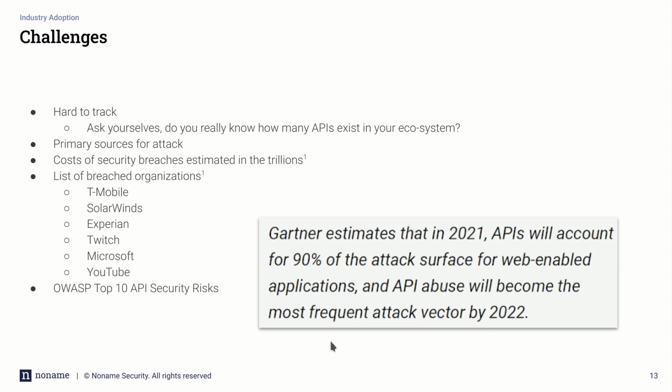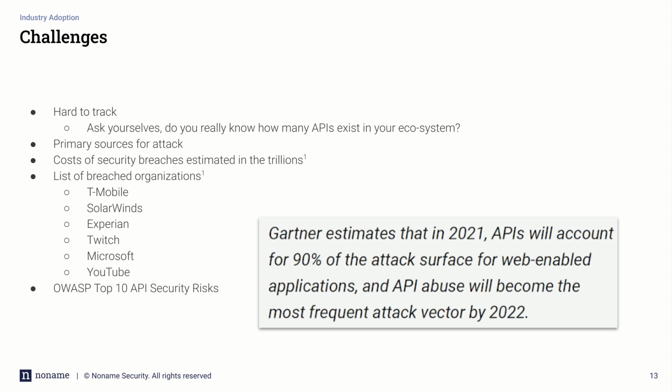And it's going to become the most frequent attack vector by 2022. Well, guess what? We're almost at the end of 2023, right? The time of this recording is mid-October. I don't know about you guys, but APIs seem to already be the most frequent attack vector. So we need to be able to protect them.